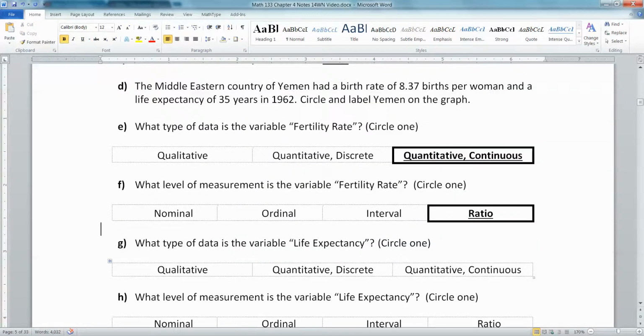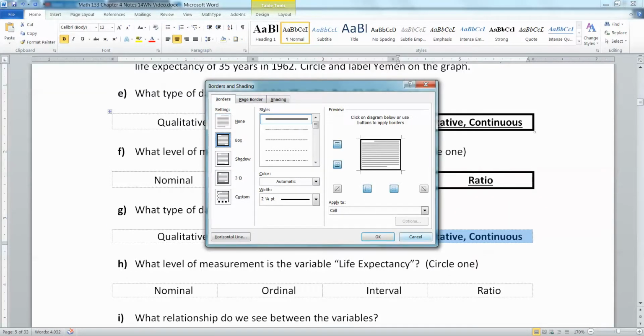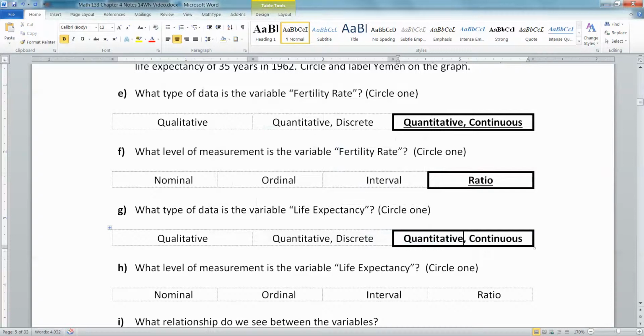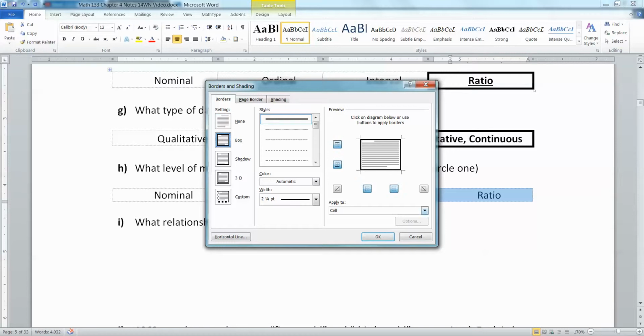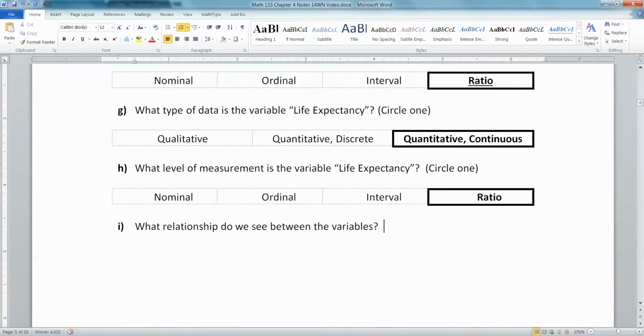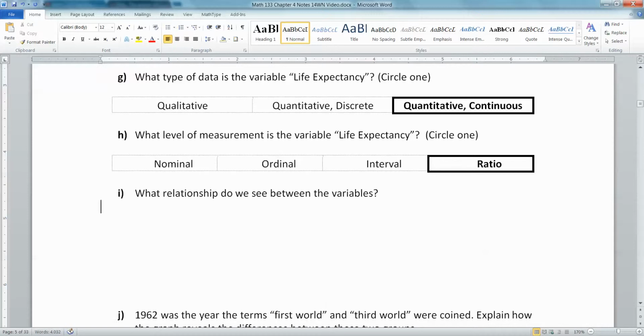All right, now let's see what type of variable life expectancy is. Well, it's the same thing, right? Again, it has decimal places, and it can't be negative, so it's numerical, all that good stuff. And there you go.